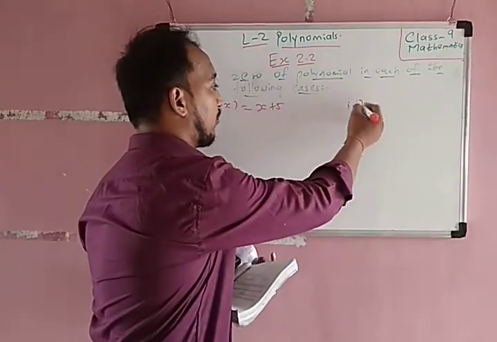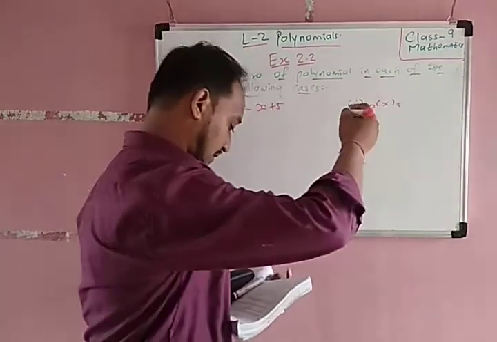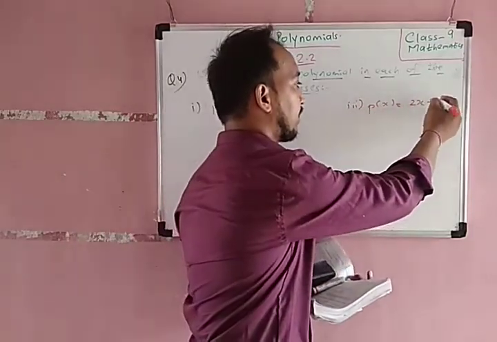The second is homework, p(x) equals 2x plus 5.